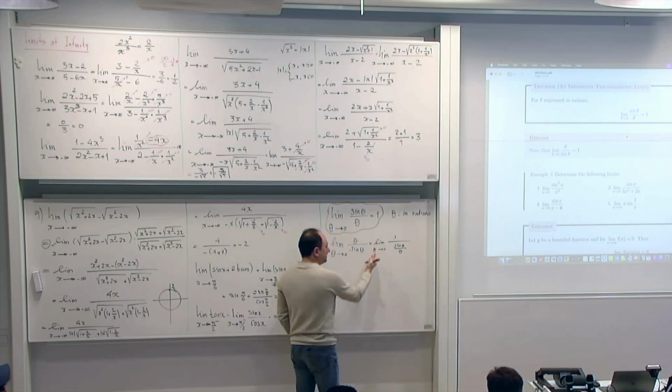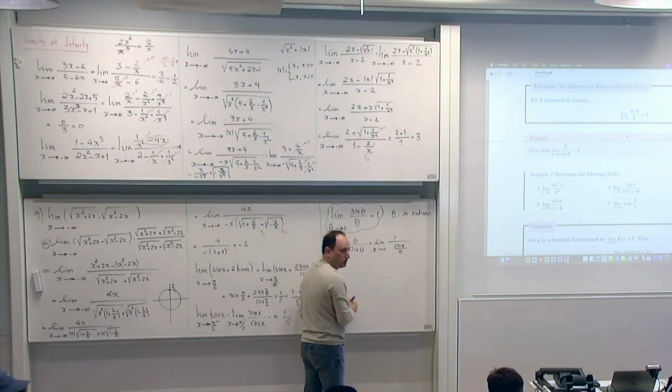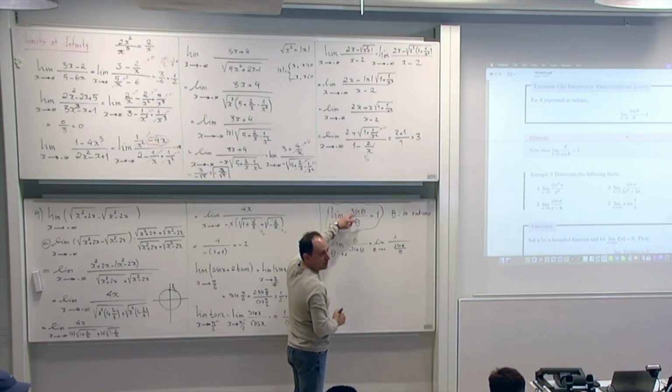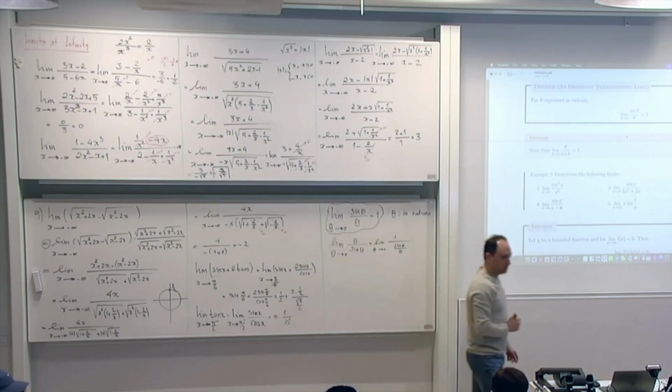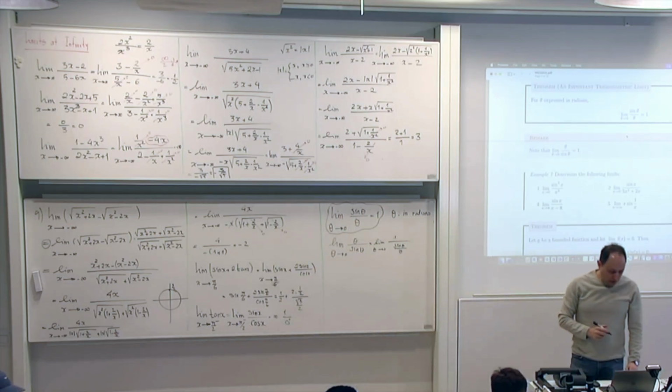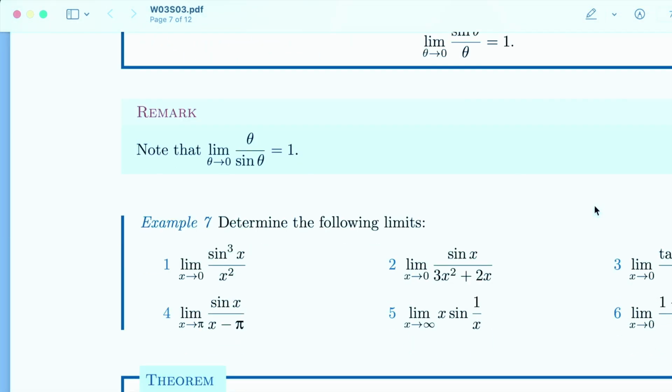The limit of the numerator exists, is 1, the limit of the denominator according to the theorem exists and is 1, so 1 over 1 is again 1. So it doesn't matter if you write it in this way or the other way around, remember the limit is 1. Okay? Now, taking this for granted, let us pick some of these problems together and solve.